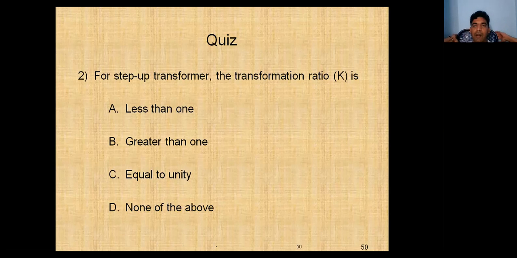For a step-up transformer, the transformation ratio K is V2 by V1. For step-up, V2 is greater than V1, therefore V2 by V1 is greater than 1. For step-down, it is less than 1. Answer: greater than 1.